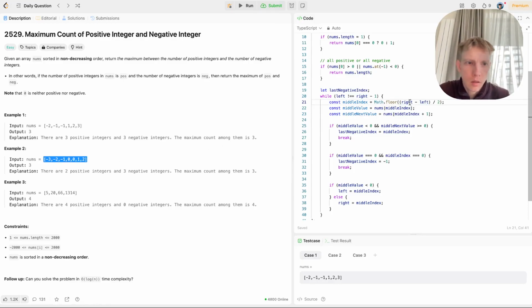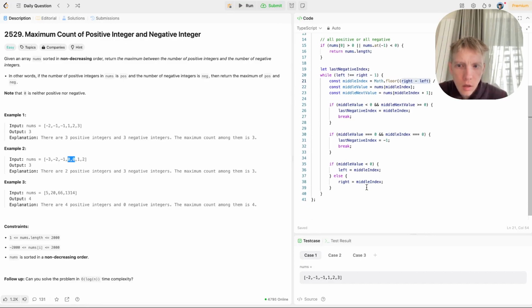Okay, let's start from the beginning. Right minus left divided by 2 is 3, which is 0. Next one is also 0. If middle value less than 0, then we're moving left to 3, but it's not. Then we're moving right.